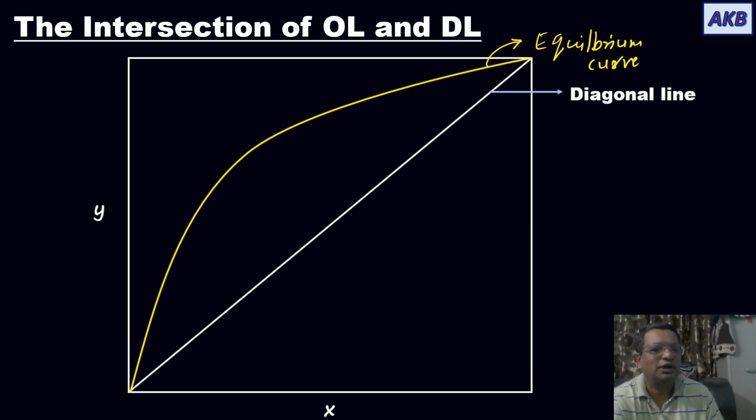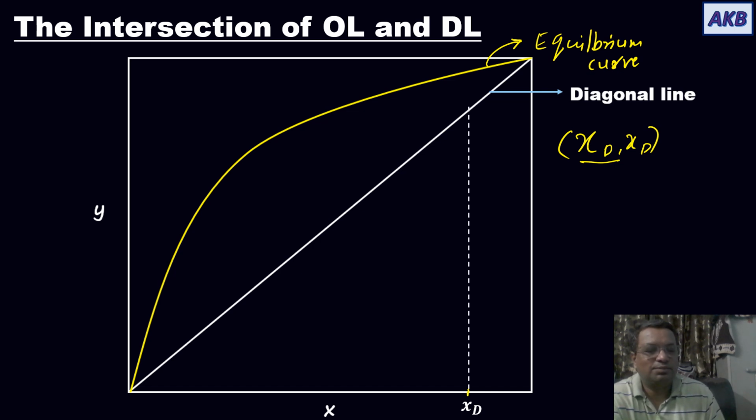We just saw the intersection point is xD. xD, if you remember, is the mole fraction of A, the more volatile component, in the distillate.